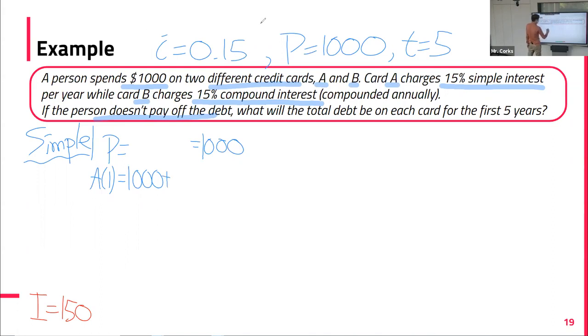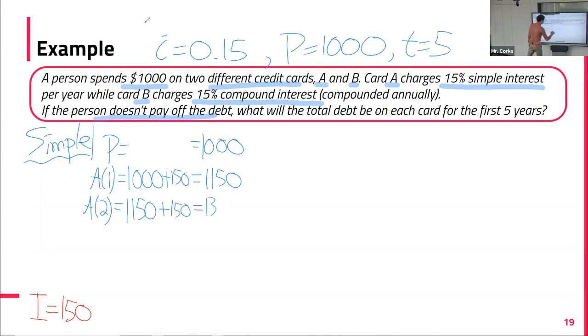So that's plus 150, which equals 1,150. For the second year, we have the previous year's value, 1,150 plus 150 again.